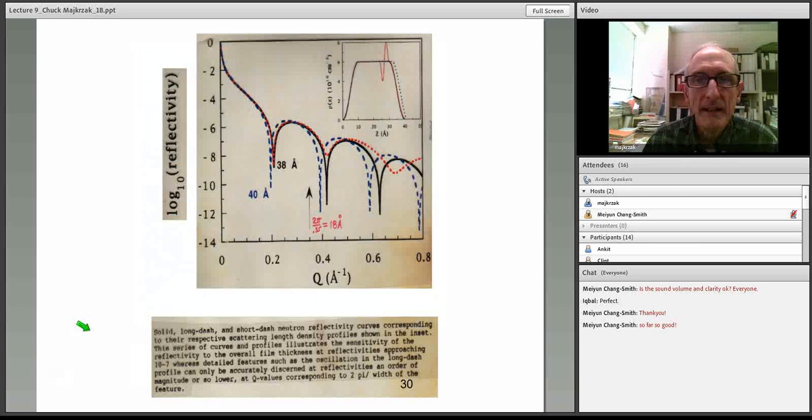Now, as I mentioned earlier, probably more than once now, to measure some particular feature in the scattering length density profile with some particular length scale, let's say a few angstroms, then we need to measure the reflectivity curve continuously all the way out to some value that's roughly 2 pi over the characteristic feature length.